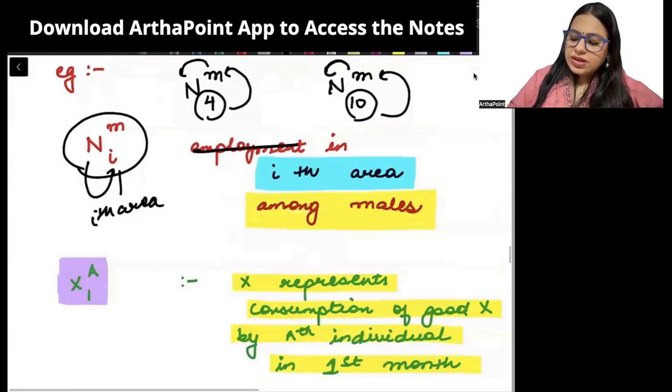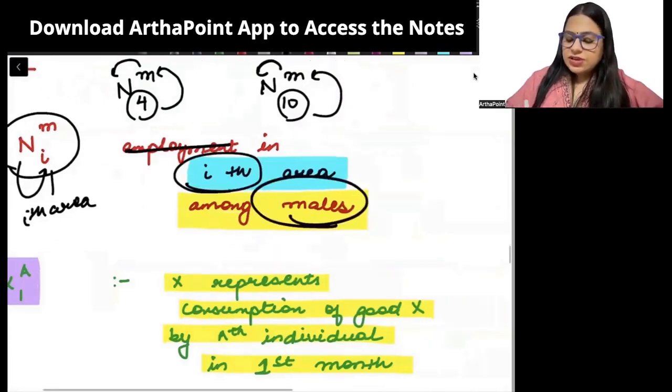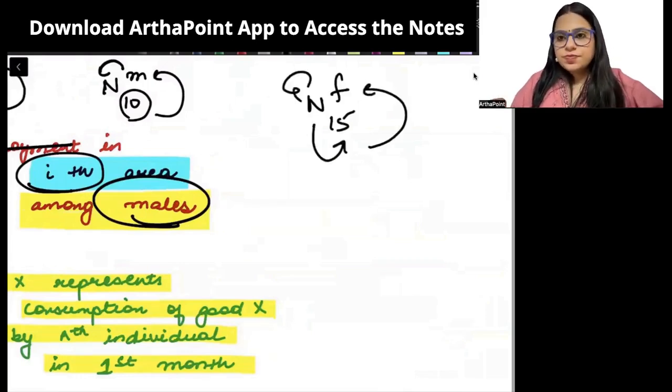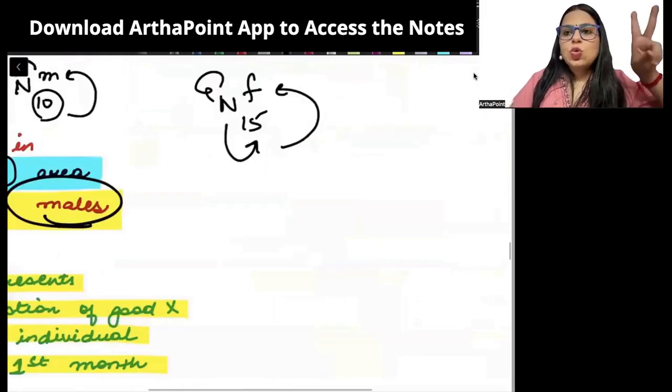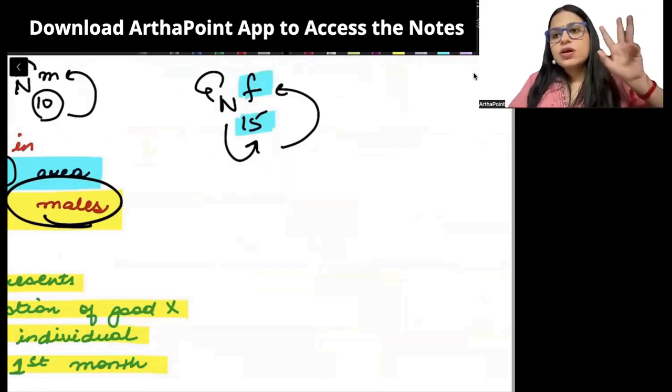So employment in ith area among males. Similarly, if I say N_15^F, employment in 15th area among females is how much, right? So I am using two categorization levels, one area and second gender for employment.